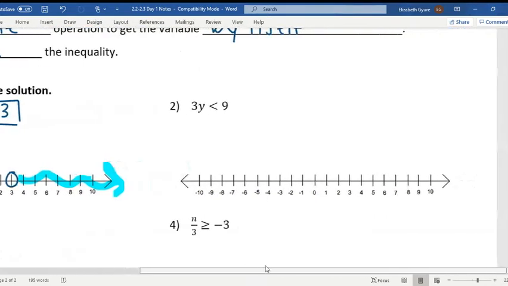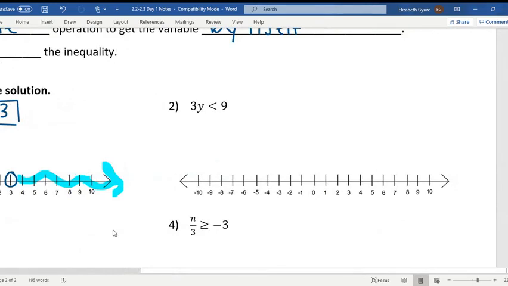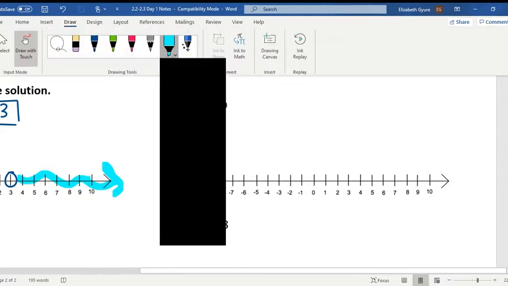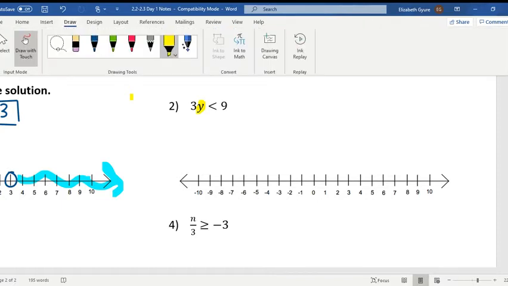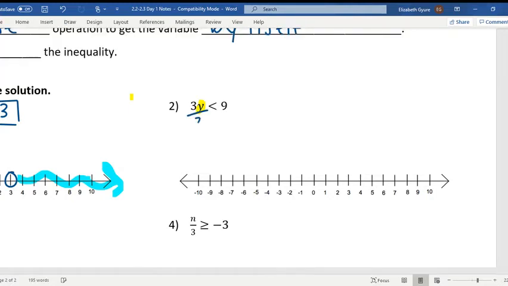2, we have 3y is less than 9. We want to get y all by itself. So, Kaysen, what opposite operation would I do to get rid of the 3? Yeah, we would divide.